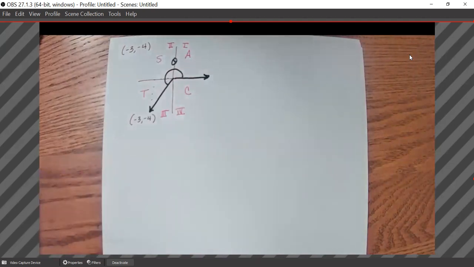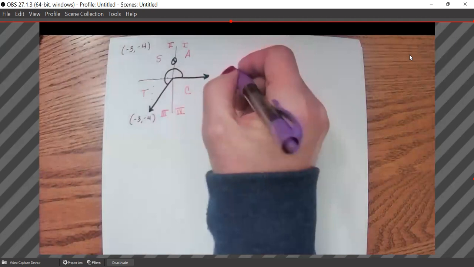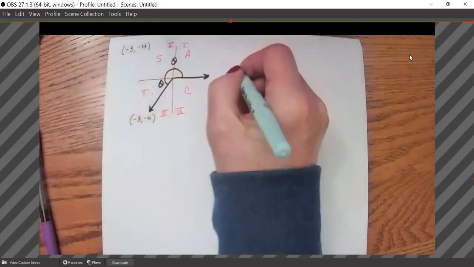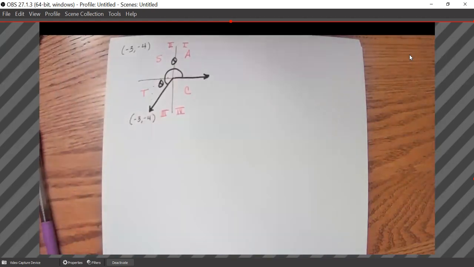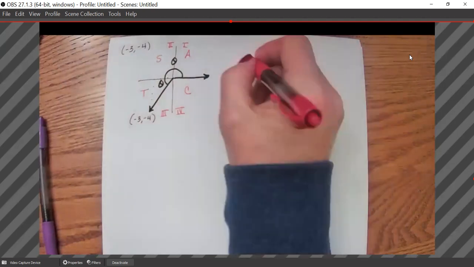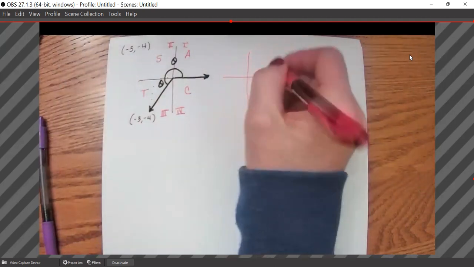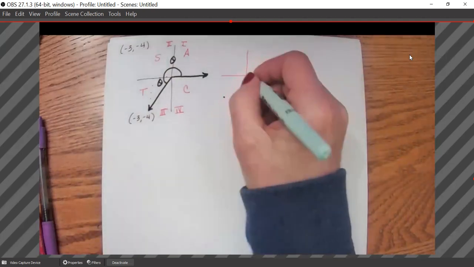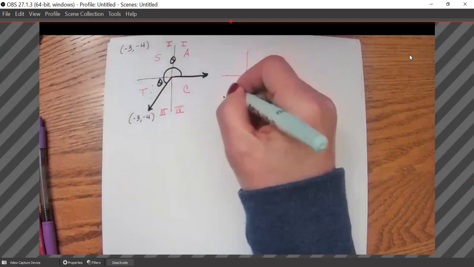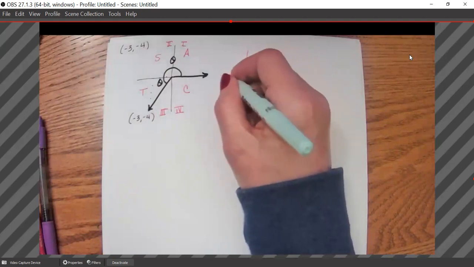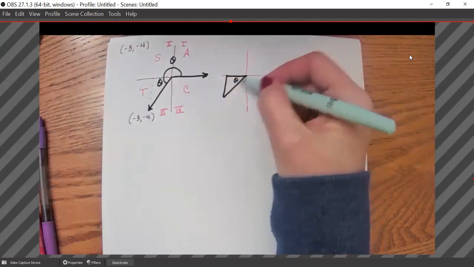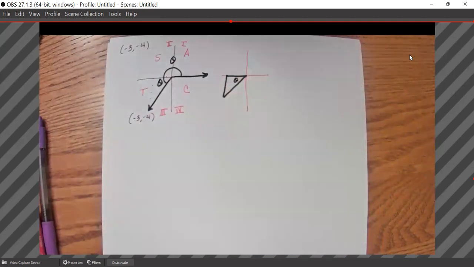So from this diagram, we're going to create this triangle, from origin down to the point -3, -4.